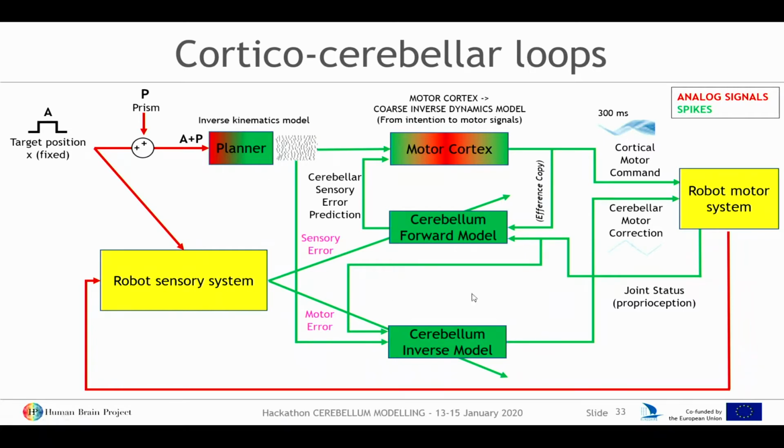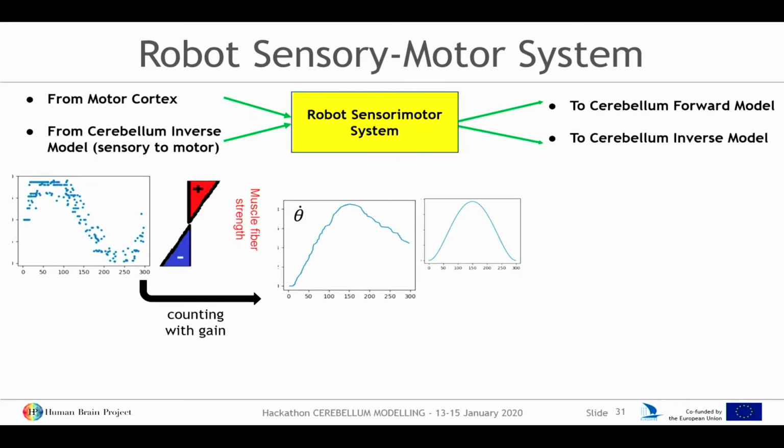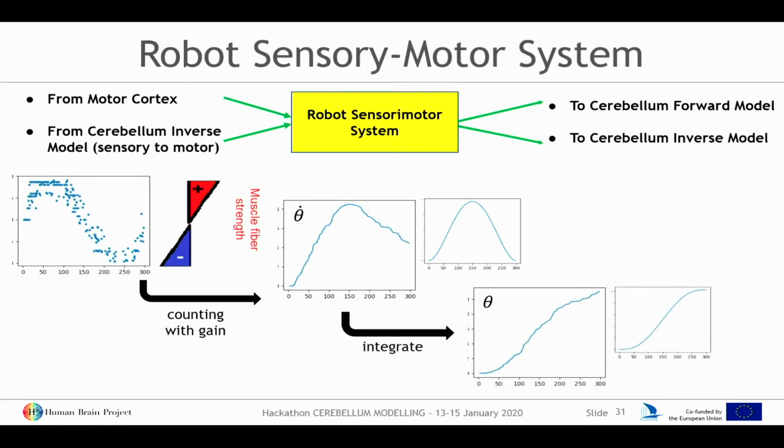While the motor error goes to the inverse model. And the inverse model has to generate a compensation on the motor part. So it has to behave similarly to this shape. We wanted an acceleration and then a deceleration of the movement.